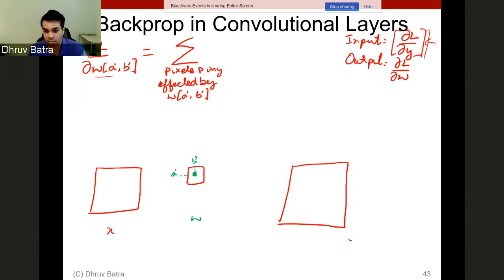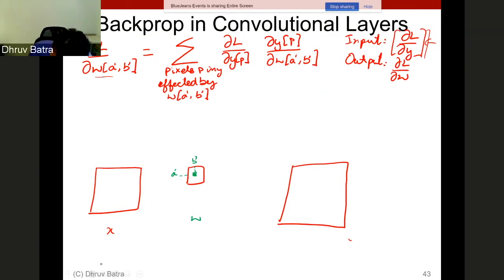Let me finish this expression, then I'll ask you. So this is the partial of loss with respect to Y P for that pixel, times the partial of Y P with respect to W A prime B prime. So far this is just chain rule. I haven't done anything fancy.